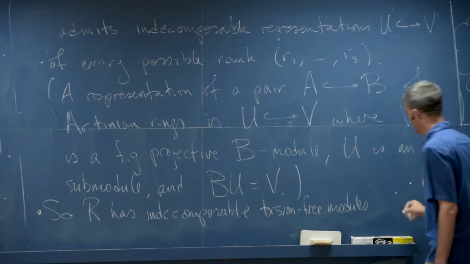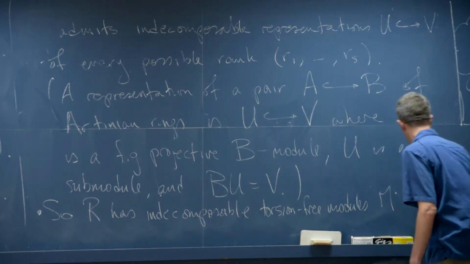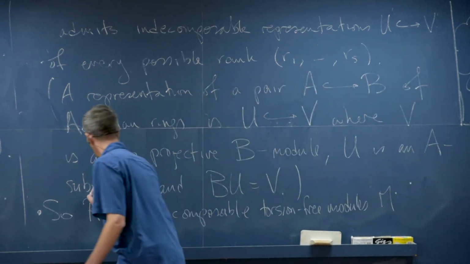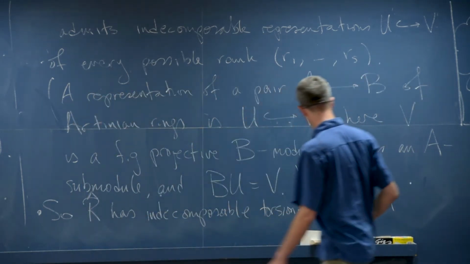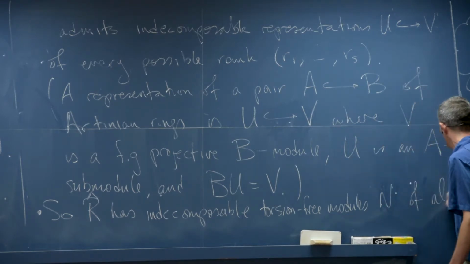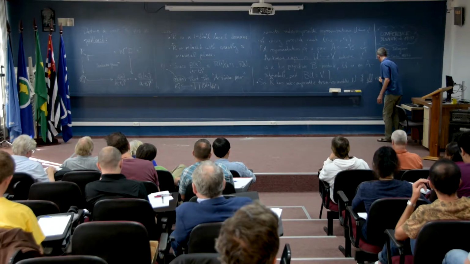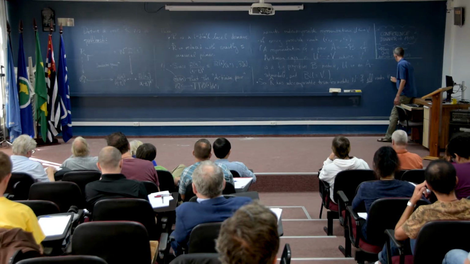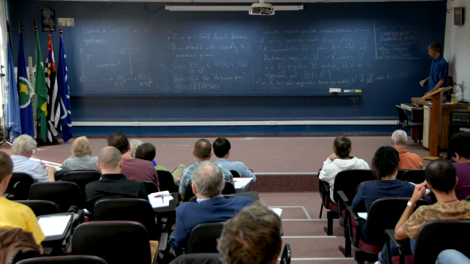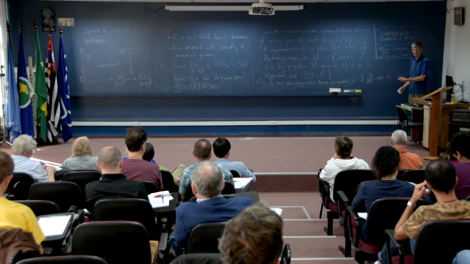Oh, sorry, let me say R hat here. R hat has indecomposable torsion-free modules N of all ranks R1 up to RS. At least one of them should be non-zero or there's no content here.